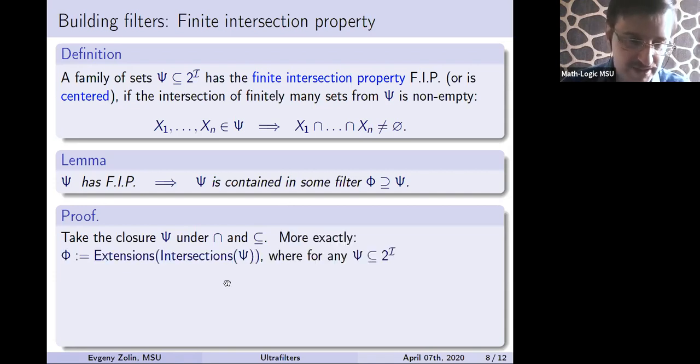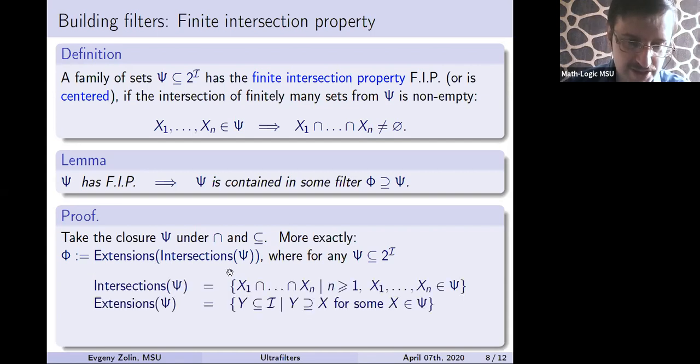We can even write a compact formula. This set phi consists of the following sets. First, build all possible intersections of sets from psi, and then build all possible supersets, so all bigger sets.